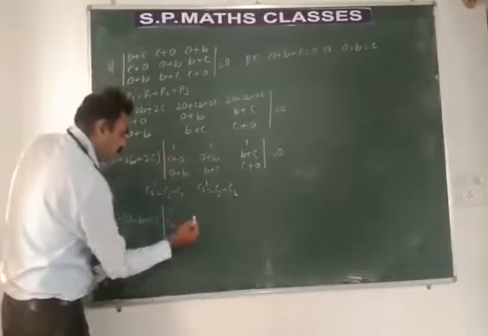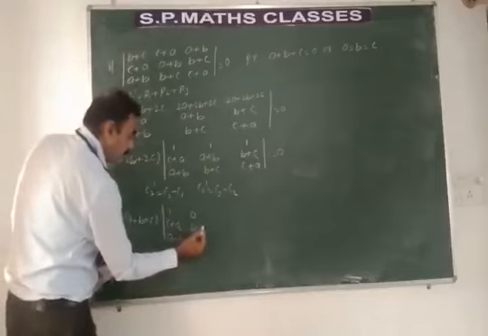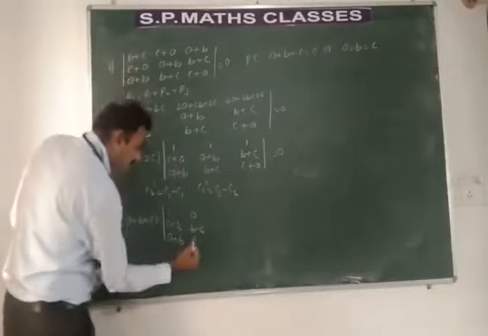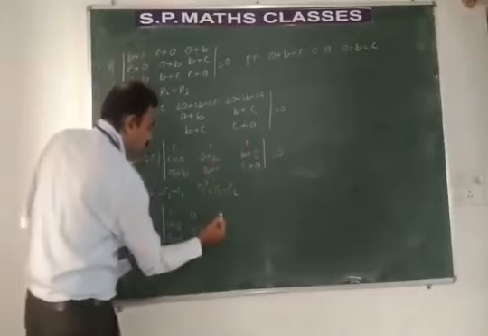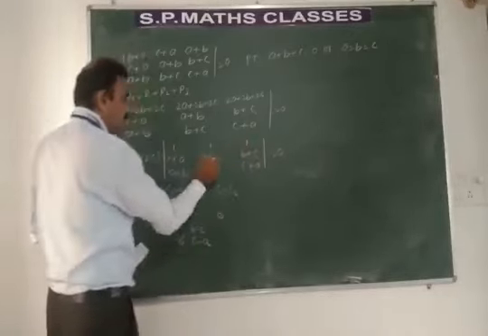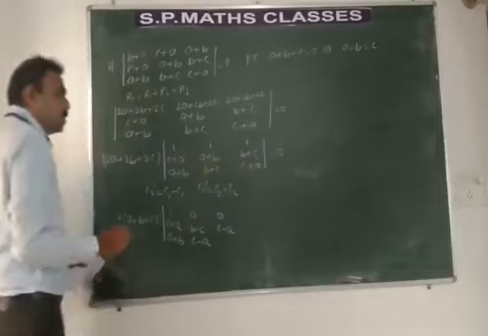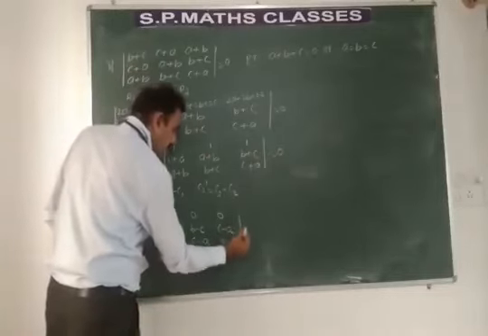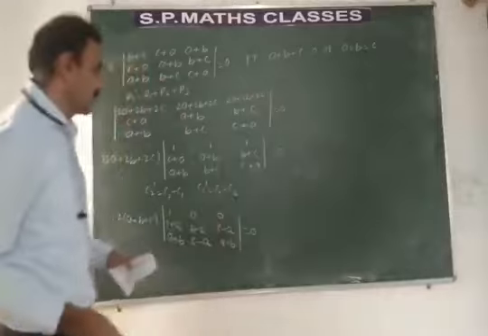Subtract this, 1 minus 1 is 0, a plus b minus c minus a, we will be getting b minus c, b plus c minus a minus b, we will be getting c minus a. Now C3 minus C2, 1 minus 1 is 0, b plus c minus a minus b, we will be getting c minus a, c plus a minus b minus c, you will be getting a minus b is equal to 0. I think you have understood this.